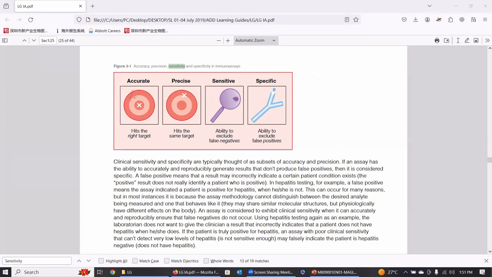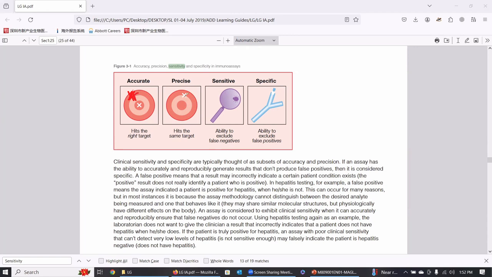If your result is here, I have to make some more thick marks. If the result is here, it is called inaccurate results. But if your results are here and consistently, when you run multiple times, it comes here, it's called inaccurate but precise.